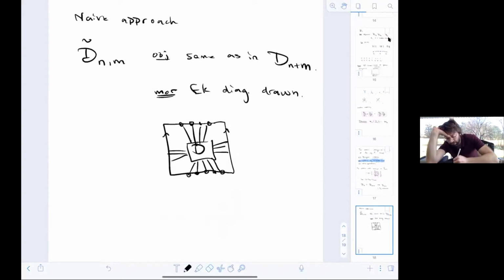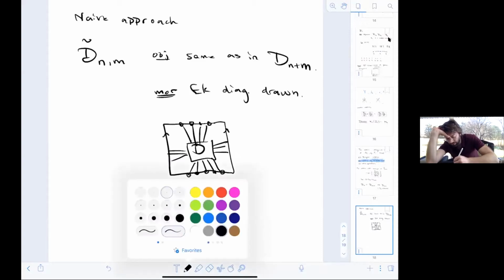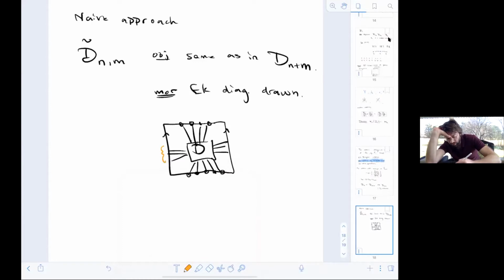But the one caveat is that you are only supposed to allow these colors to be, so you restrict these to live inside the copy of S_M. Sorry, what do I want to say?